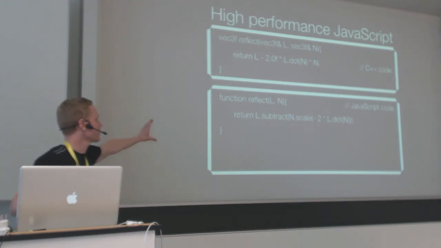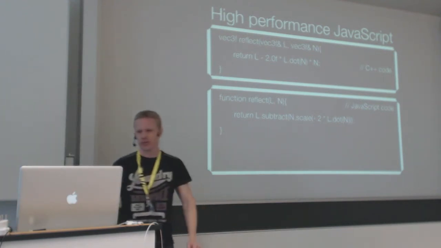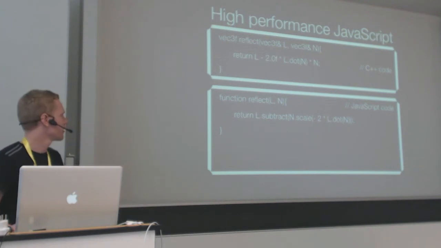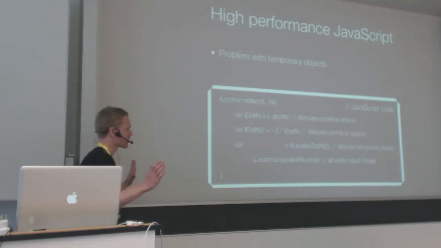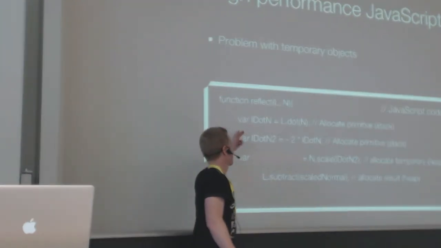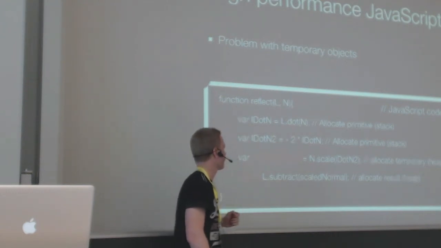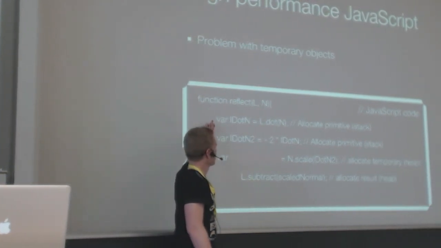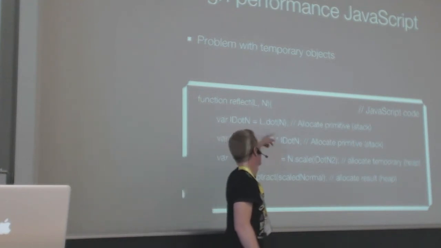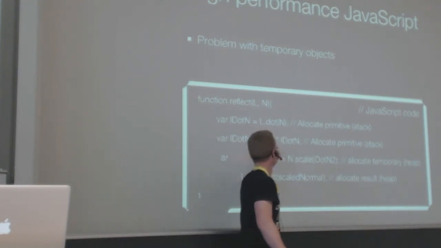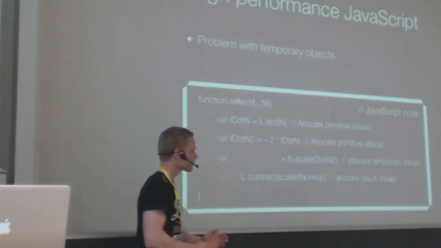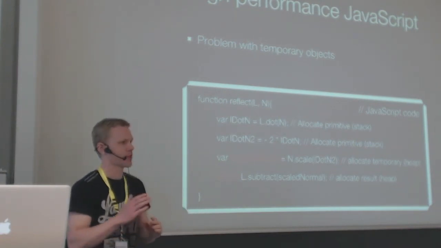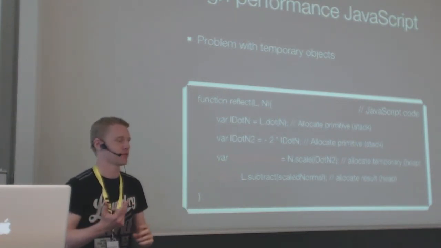If we take this function and write it on 4 lines, it's the same function, it just tries to explain what happens. In the first 2 parts, I calculate the dot product and multiply the dot product by 2. This is all fine. This allocates basically 2 numbers.